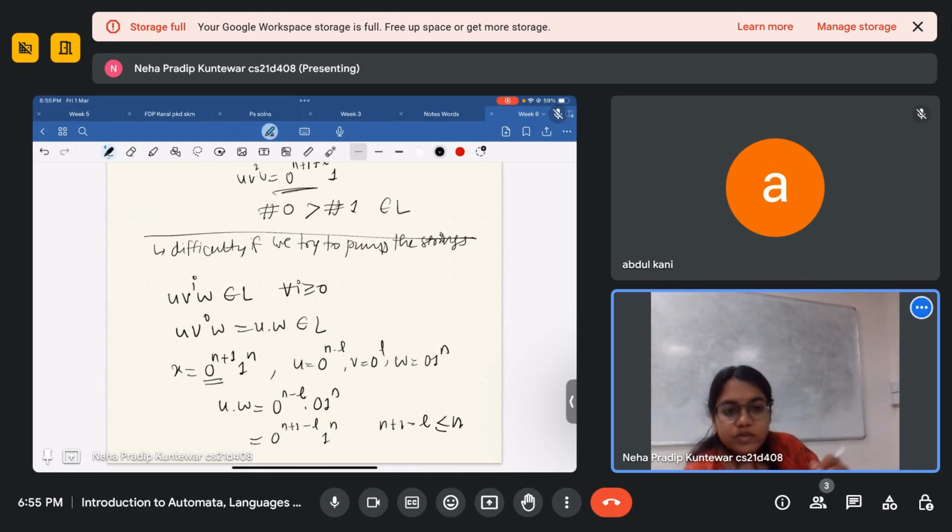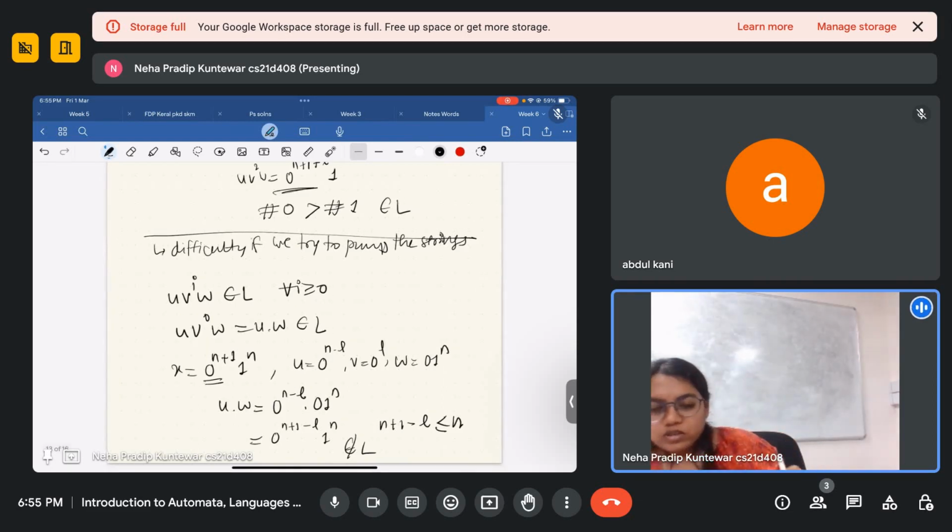So here you don't get a string which has more zeros followed by fewer ones. Here you get strings which have at most as many zeros as ones. So this is not in L, and that is enough for us to say using the pumping lemma that this string is not in the language, and therefore the language is not regular.